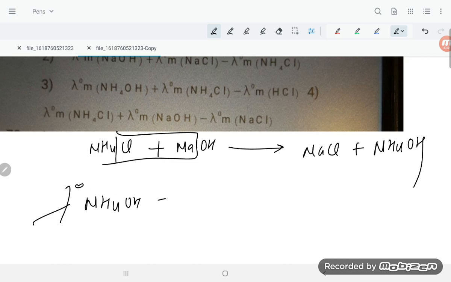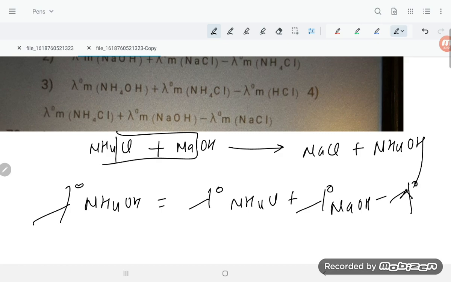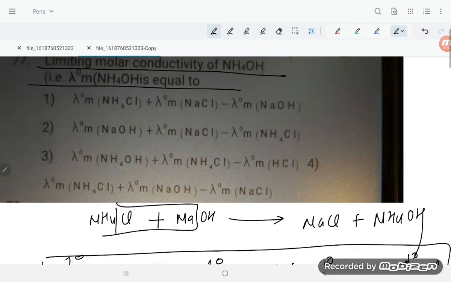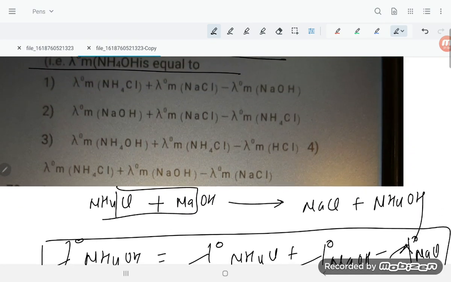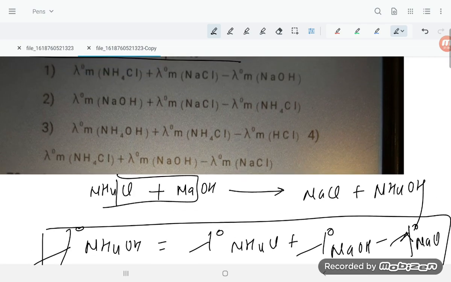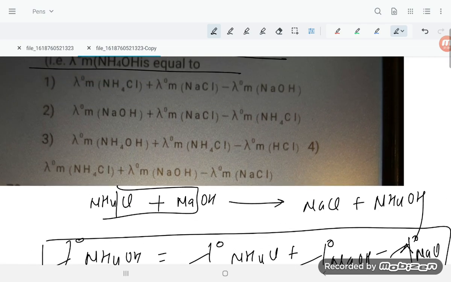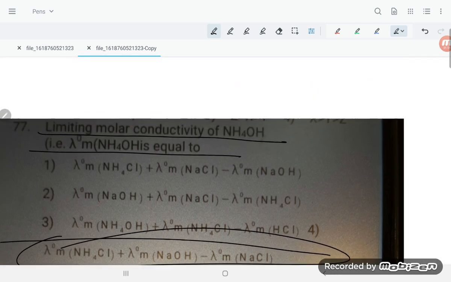Lambda naught of NH4OH is equal to lambda naught NH4Cl plus lambda naught NaOH minus lambda naught NaCl. So the correct option will be NH4Cl, NaOH minus NaCl. The correct option is option number 4.